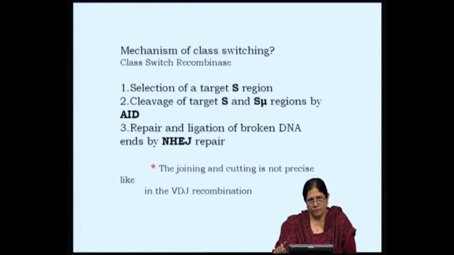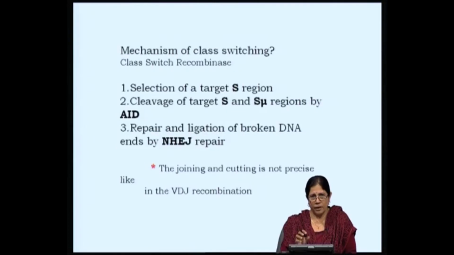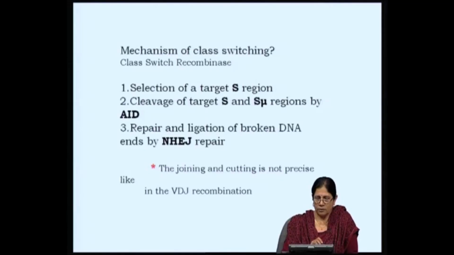Mechanism of class switching. Class switching happens by a very well organized class switch recombinase machinery. Now, recombination might ring a bell. We have been talking about RAG1 and RAG2, which are also a part of the recombination machinery. Though VDJ recombination and class switch recombination are similar, there are distinct proteins and enzymes required for each of these events.